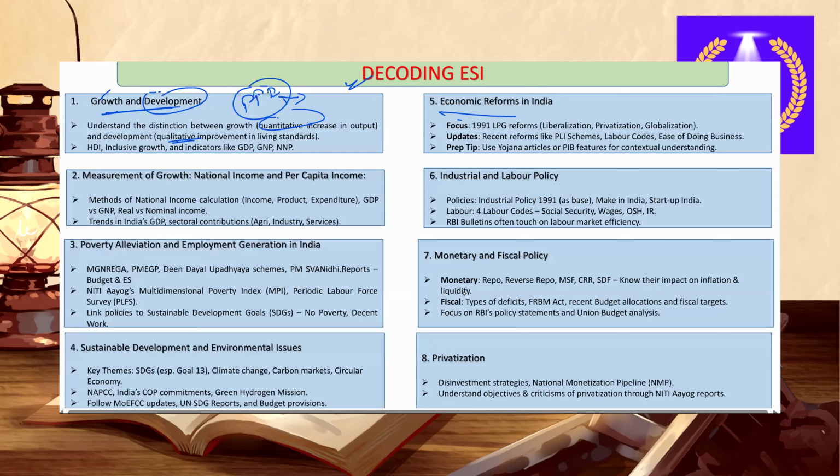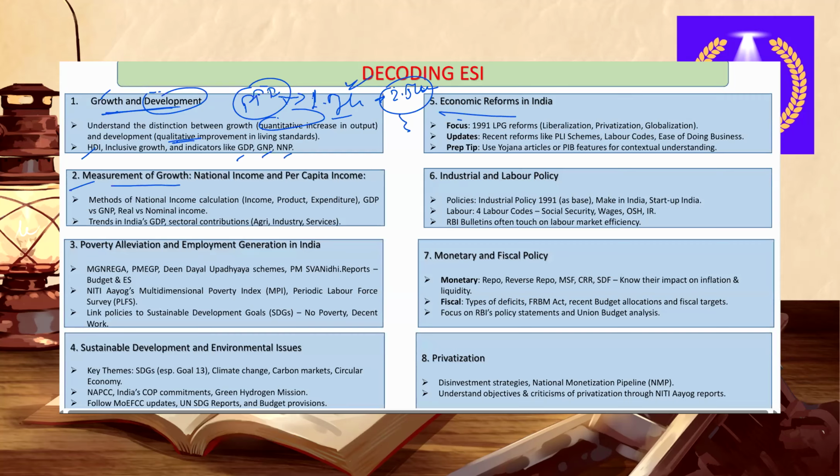If per capita income is 1.7 lakh as of now, it will become 2.5 lakhs. Obviously India is growing, but is India developing? This is the question. So you have to look at it from this angle. Here you can see the HDI, GDP and other indicators, GNP, net national income and all, right?